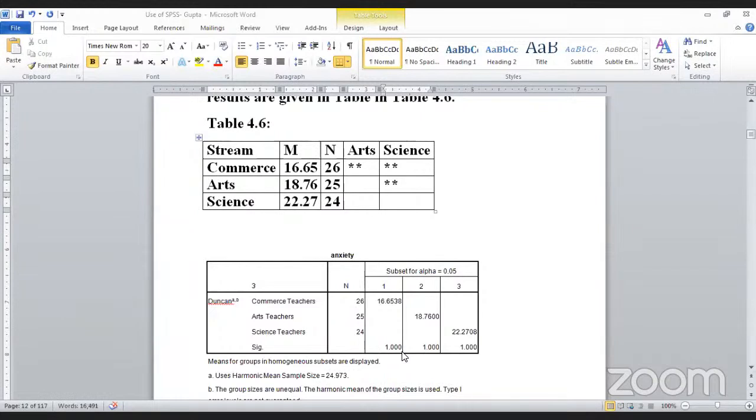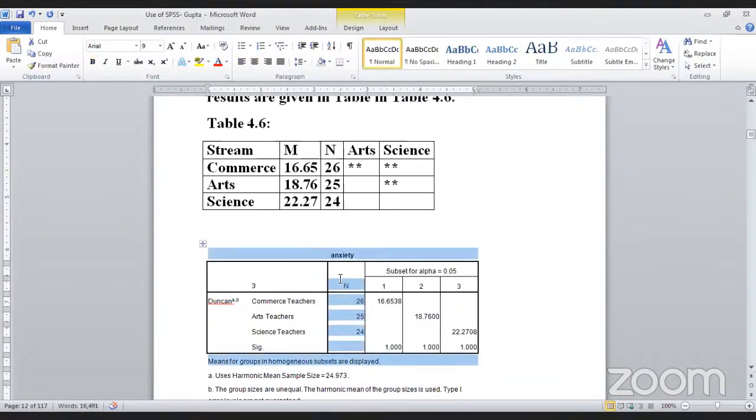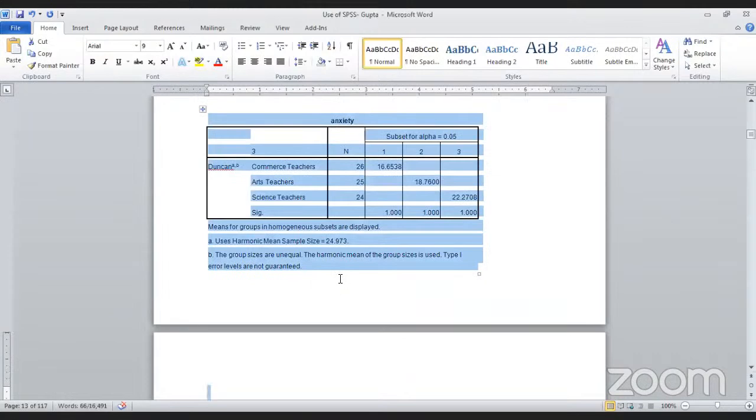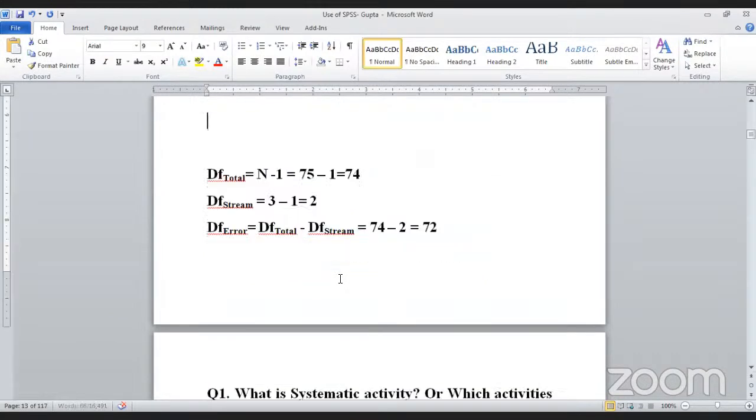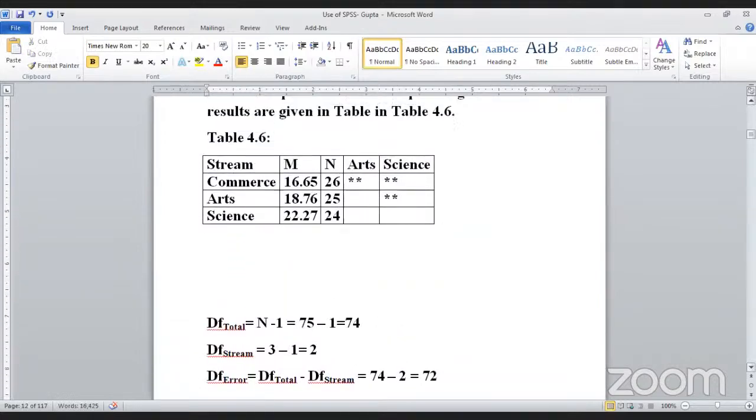People will not understand what is the meaning of it, and you see so many other things are given. So I have already taken these values, and therefore now I have to interpret.